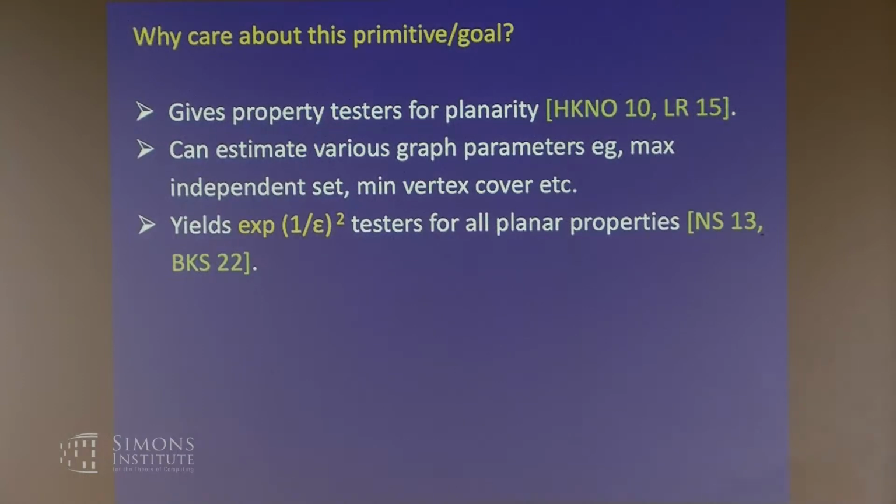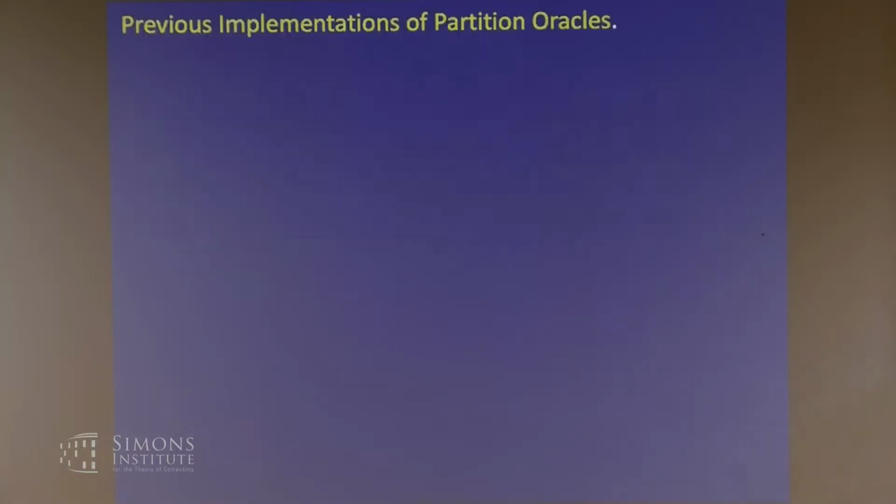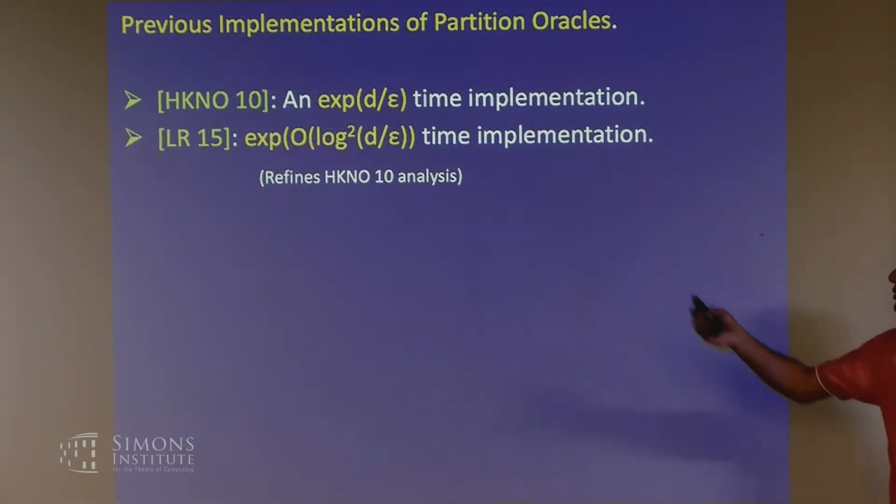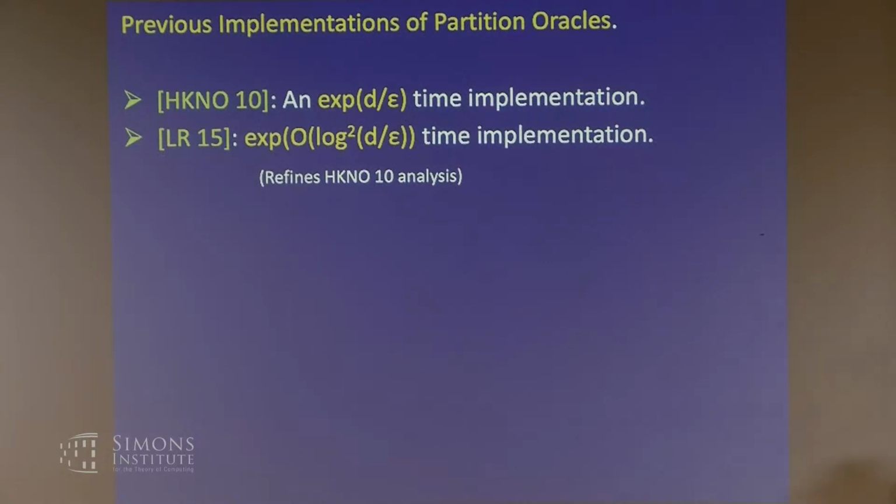So with that assumption, let me tell you about the previous implementations of partition oracles. What did they do? The previous implementations were given by Hassidim, Kelner, Nguyen, and Onak, and Levi and Ron. Hassidim et al. achieved an implementation exponential in 1 over epsilon. Think of d as a constant. And Levi and Ron achieved an implementation with quasi-polynomial query complexity in 1 over epsilon. Now let me describe how these implementations go.